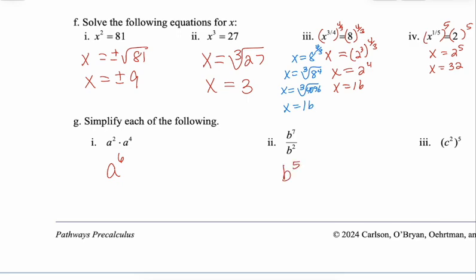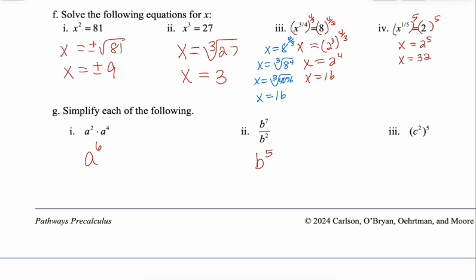So 7 minus 2 is 5. If you have a power to a power, multiply. That's just reminding you of some of our simple rules for exponents.